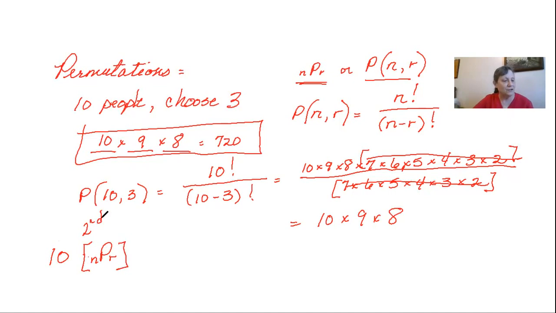This is the TI-30. I hit the second function and then the 9 because it's above the 9. Second function key works just like a shift key. And then I hit the 3 and then I hit the equals. 720.